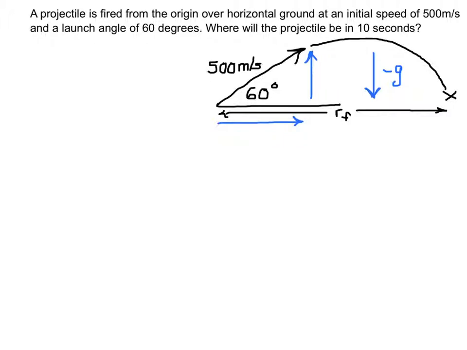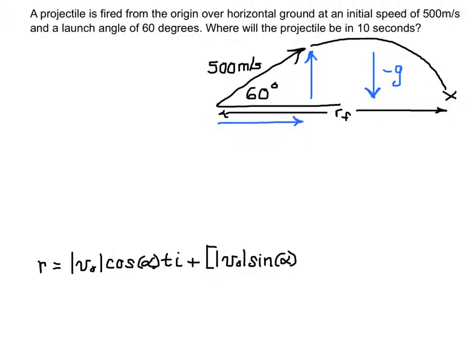Our equation for location, distance, from our previous slide is the initial velocity v naught times the cosine of the angle formed with the horizon, alpha, times time, and that's in the I direction, plus the absolute value of our initial velocity times the sine of that angle alpha, and that's times t, minus 1/2 gravity times time squared, and that is in the j direction.